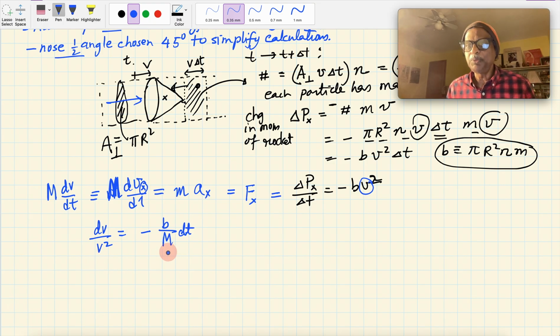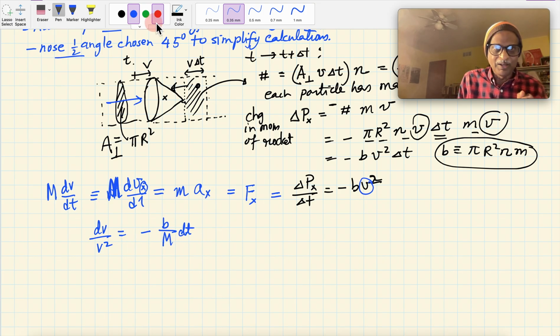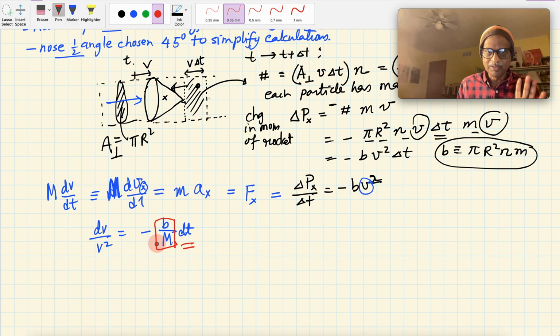You know by now that eventually F equals ma is a differential equation, and you're going to have to solve something like this. The way we've separated it, there's nothing with v on the t side and no t on the v side. So this is called separated, and then we just have to integrate it from 0 to t.